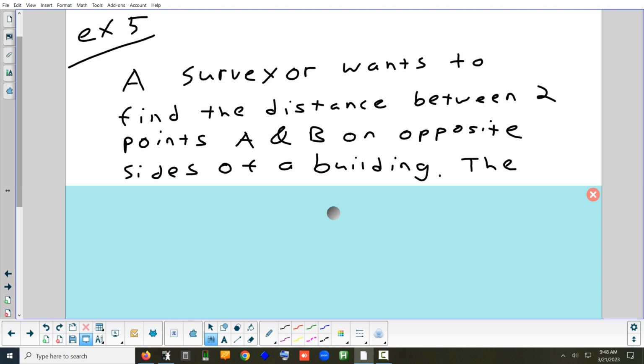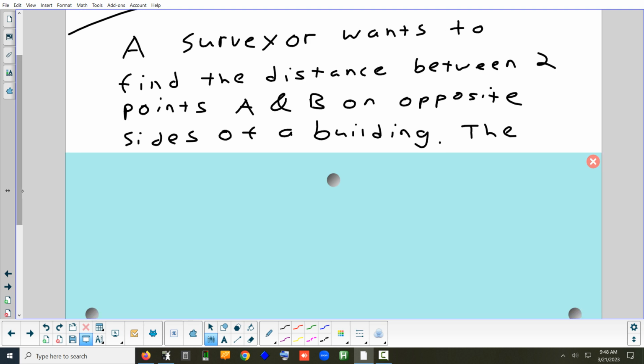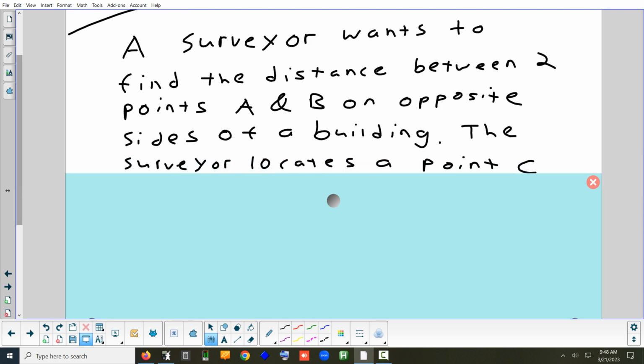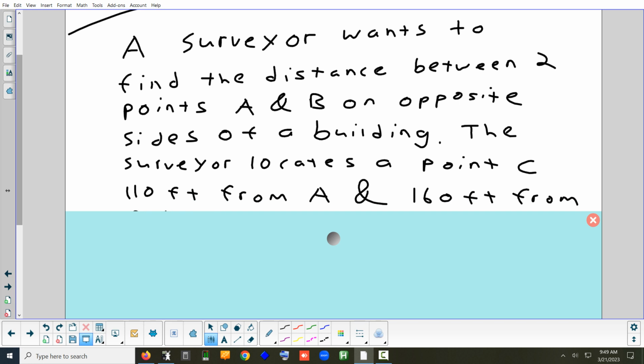So they're going to give us a diagram that kind of sets up what's happening. It says we're going to have a building at point C, and the surveyor is basically going to measure the distance from where they're standing to 2 points on each side of the building.